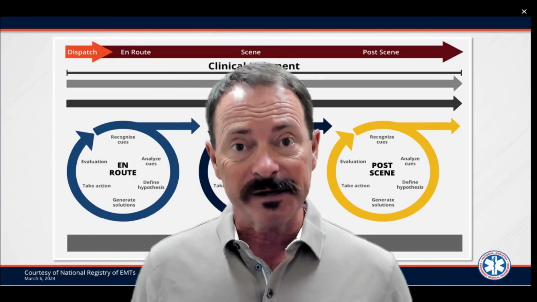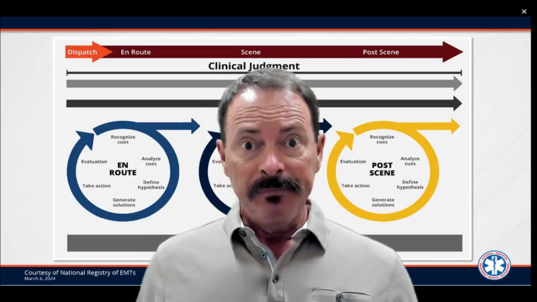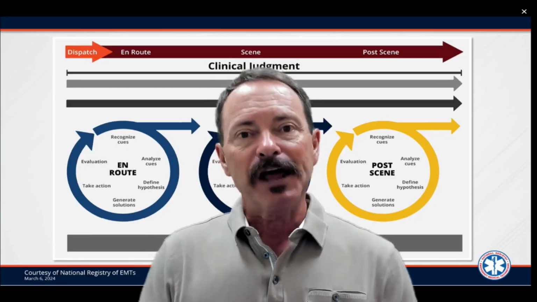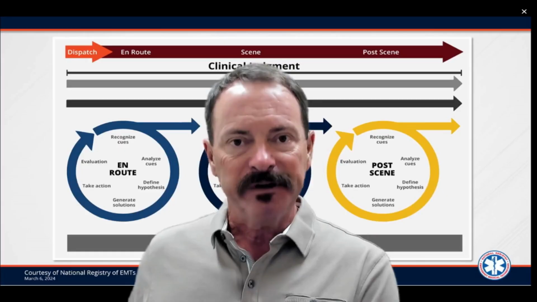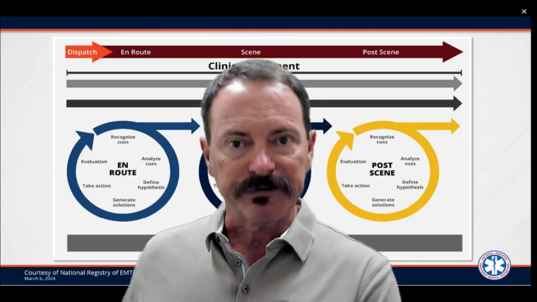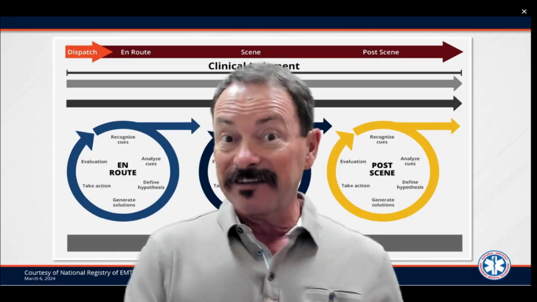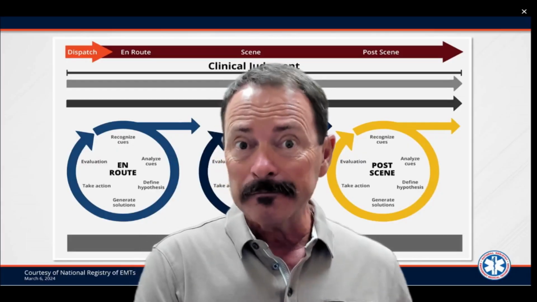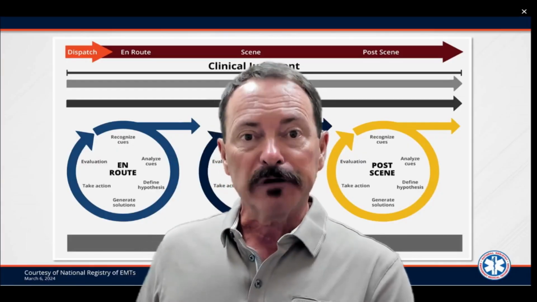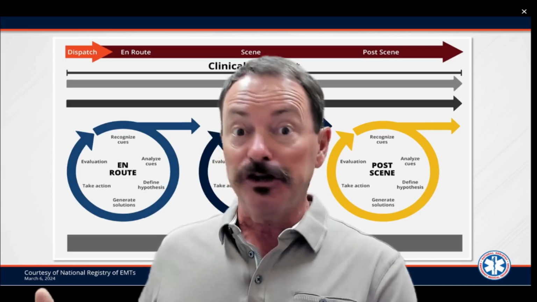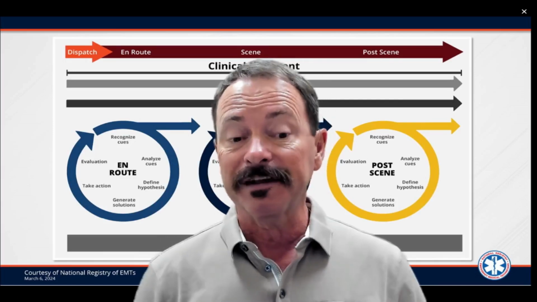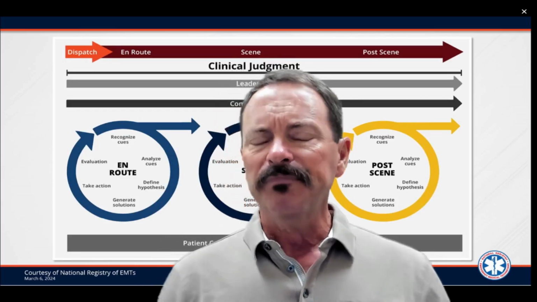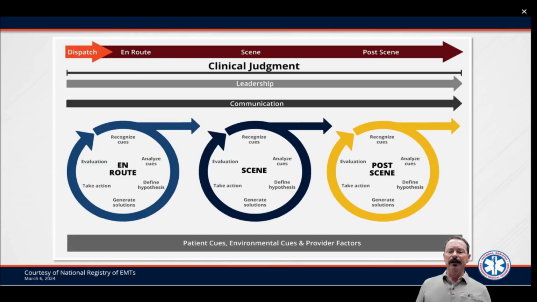Well, what will that treatment be? Okay. And then what can I do in the back of the ambulance en route to the facility? So is it something that I need to take action on right there at the scene? Or do I need to get them loaded up into the ambulance and do it en route to the facility? Okay, so that's what this is all looking for.